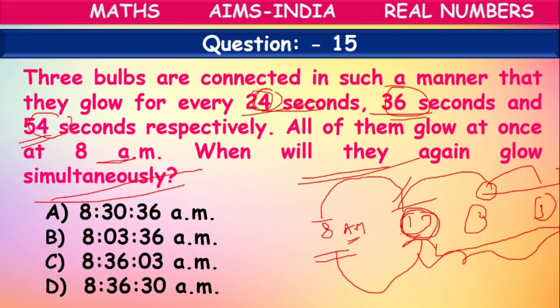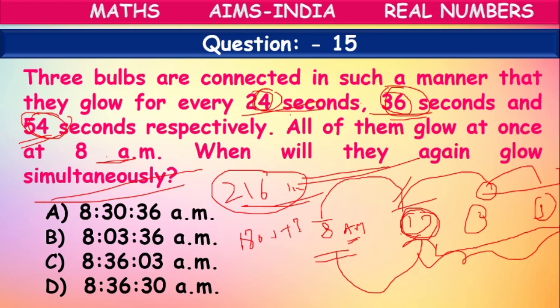LCM of 3 numbers, 24, 36, 54. If you find the LCM, it will be 216 seconds. Because the given values are in seconds, that's why 216 seconds. 1 minute has 60 seconds, so what we can write? 180 seconds plus 36 seconds, or 3 minutes plus 36 seconds.